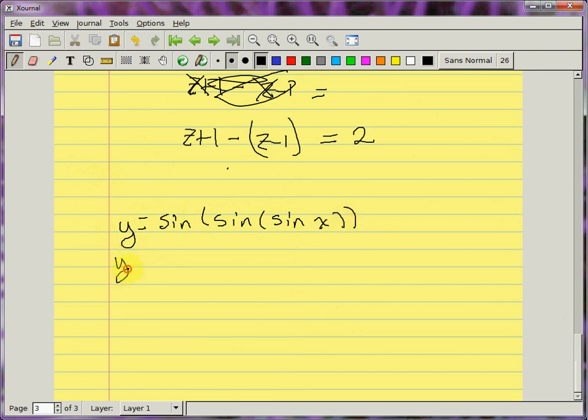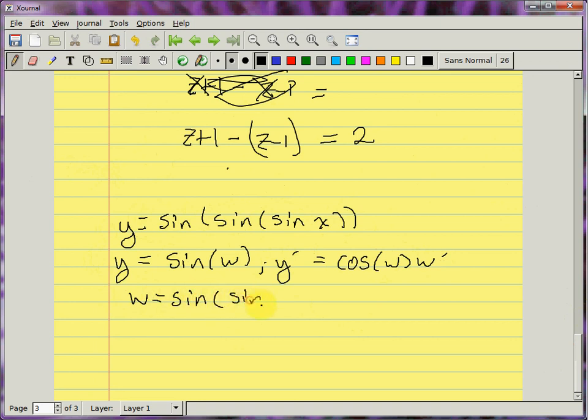All right, so this one is a little bit hard. Think about this one as just sine of some stuff. And so let's take the derivative, and it's going to be cosine of w times w prime. And now I'm doing this with the letters because I have to, because I can't keep track of it mentally.